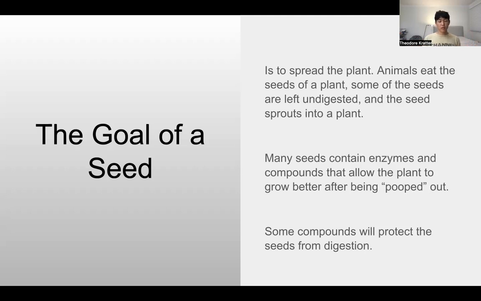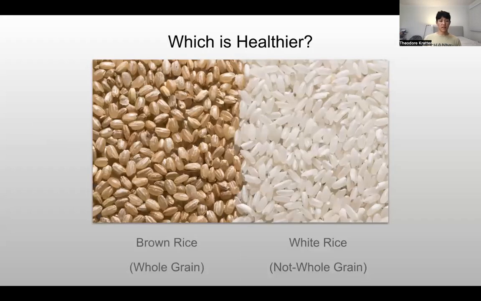There's a battle between the digestive system and a seed. The digestive system wants to eat the seed, and the seed doesn't want to be digested. So what the seed has done is grow enzymes and compounds in its seed coat that prevent it from being digested. Let's look at this through the lens of a common misconception.